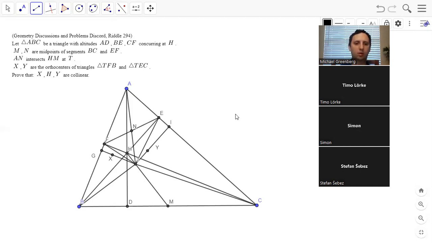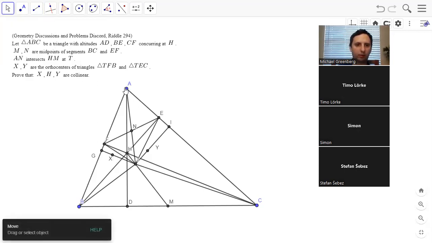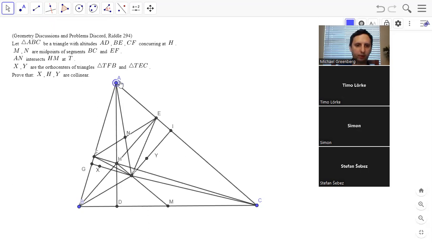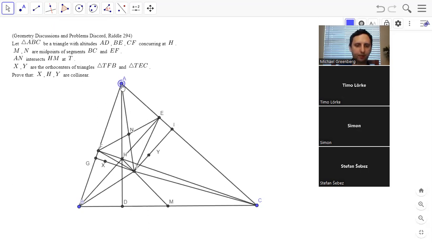It may be true that those two are similar, but I'm not sure. Actually, that is not true. So we want to show angle TXH equals CAM.